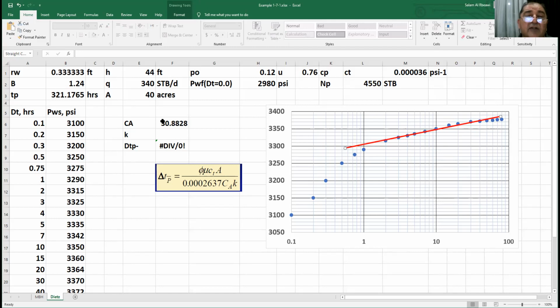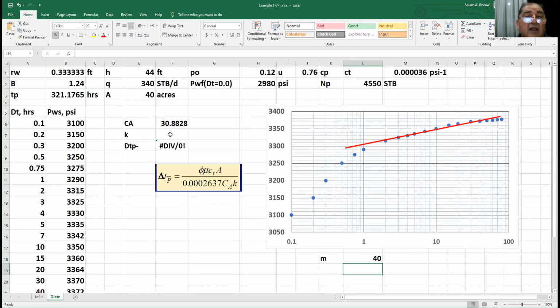So how much is the slope in this case? Because we need the slope to calculate the permeability, of course. So the slope is M. M is 3350 minus 3310. This is almost 40.